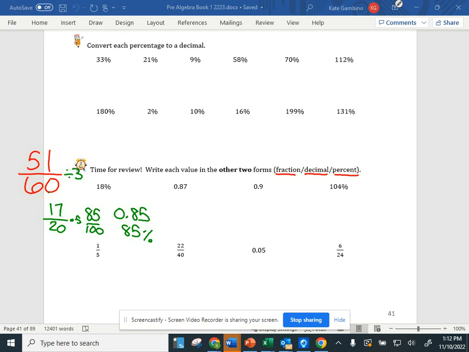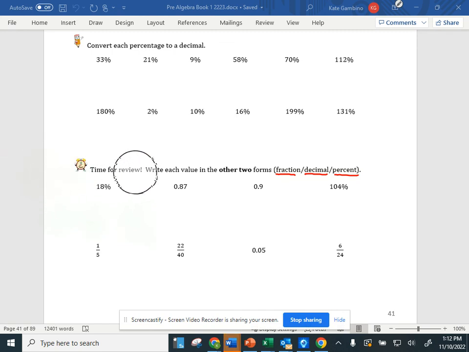Are there any questions on percentages to decimals or the review that we just did? Evan? Well, I was just looking at them for 104%. Should we make it into a proper fraction? So what have I been saying about proper fractions, friends? Does it need to be proper when we're doing our converting?